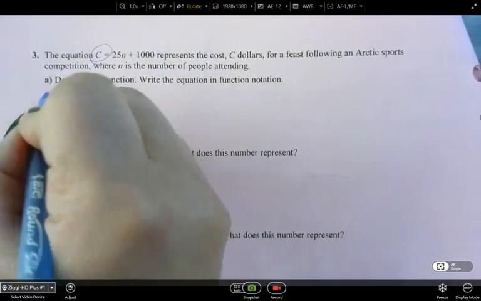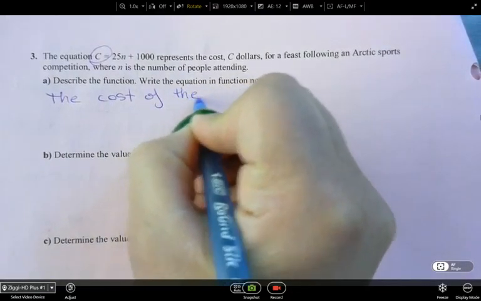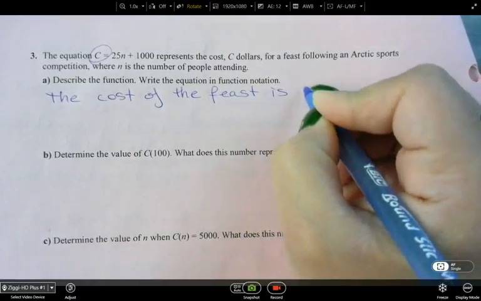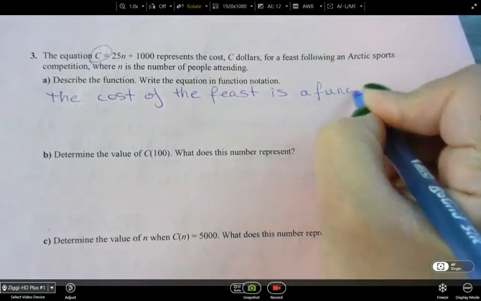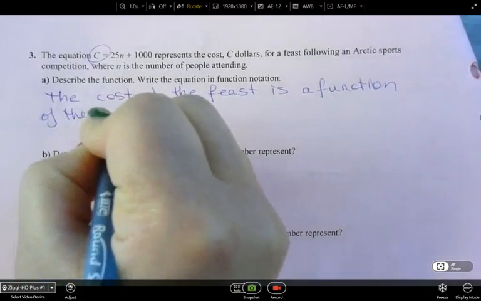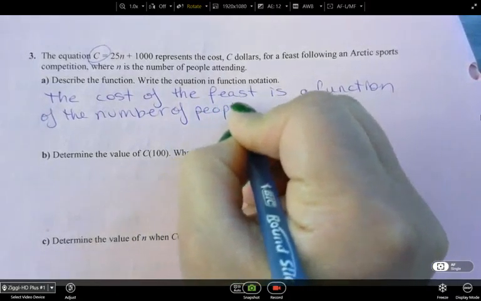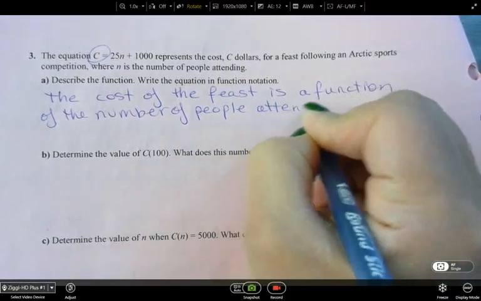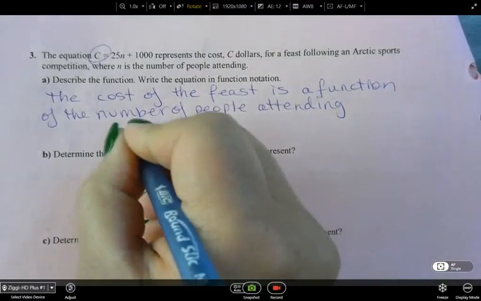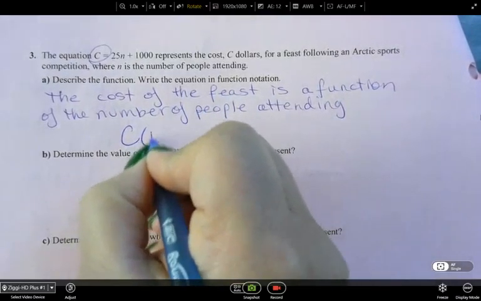So here it's the cost of the feast is a function of the number of people attending. And then in function notation, instead of writing C, I'm going to write C of n.